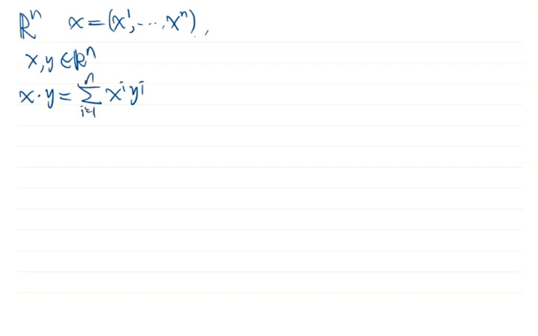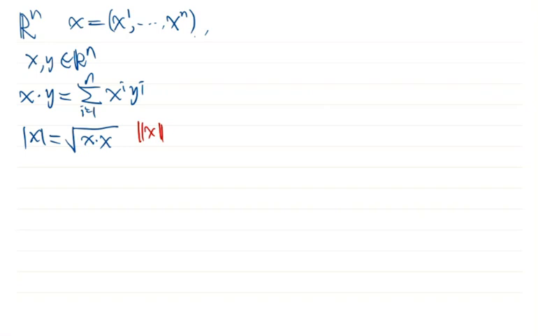This is the inner product, and the norm is the square root of the inner product of x with itself. In the textbook, the norm is denoted by double bars, but to simplify the notation, we will use single bars to denote norms.